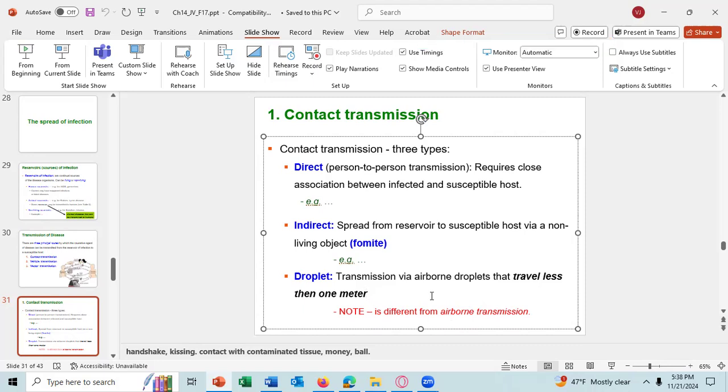It's droplet transmission within 1 meter, airborne transmission greater than 1 meter. And airborne transmission is not considered contact transmission. And like I said, this is all kind of hairy. And this distinction is a little bit arbitrary, 1 meter.